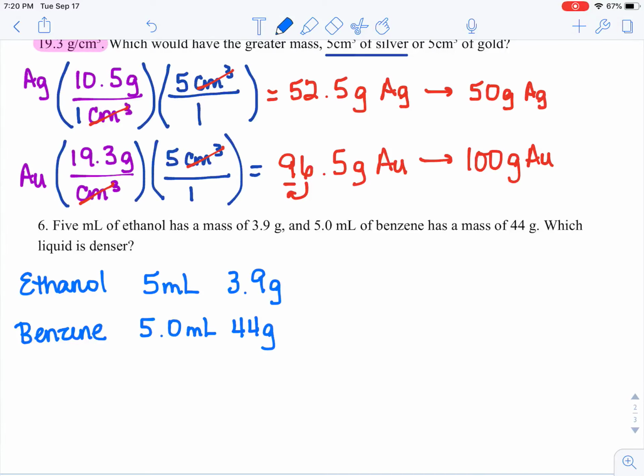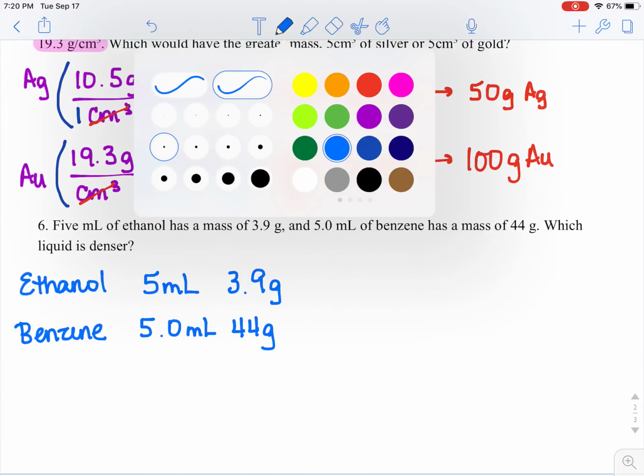Many, many more grams of benzene exist in 5 milliliters than ethanol. So benzene is clearly going to have the greater density. So that's a good check to just take a look and decide, is what I'm doing correct? Does it make sense?